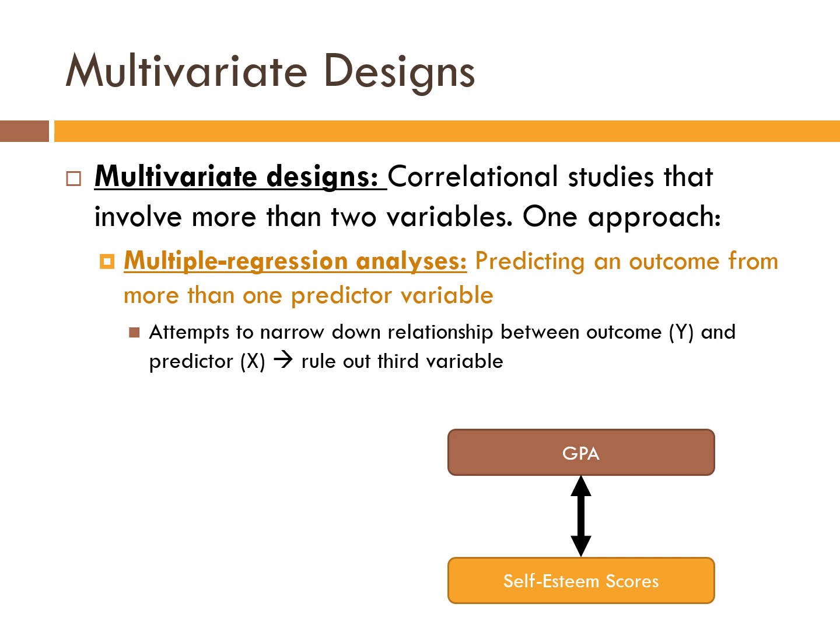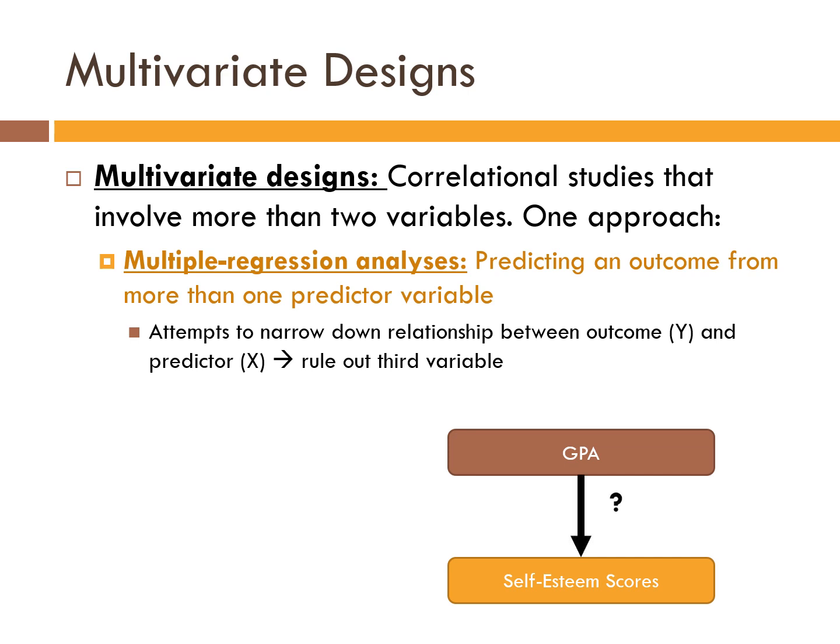So there might be a third variable or multiple variables that are really explaining the relationship. For instance, I might have a relationship between GPA and self-esteem scores like we've been talking about in the slides so far. And I might have a correlation there, and I might have some regression where I can predict self-esteem from GPA or maybe GPA from self-esteem, but it might be that there's something else going on that's causing that relationship.